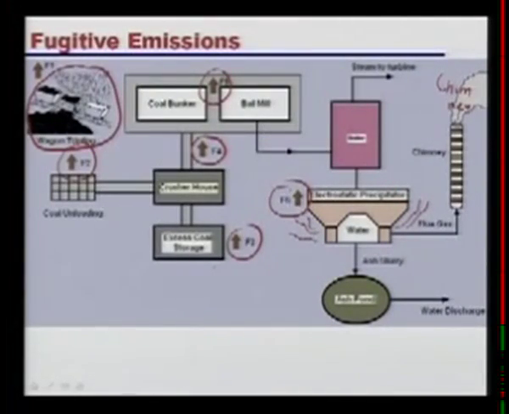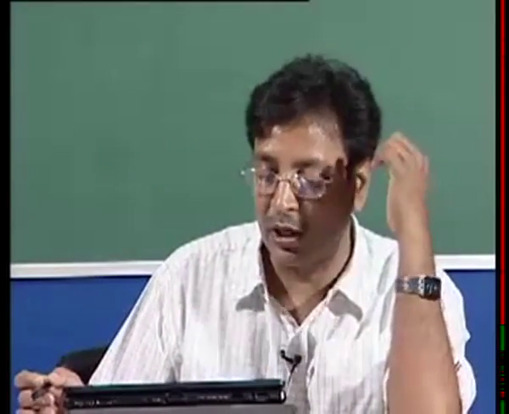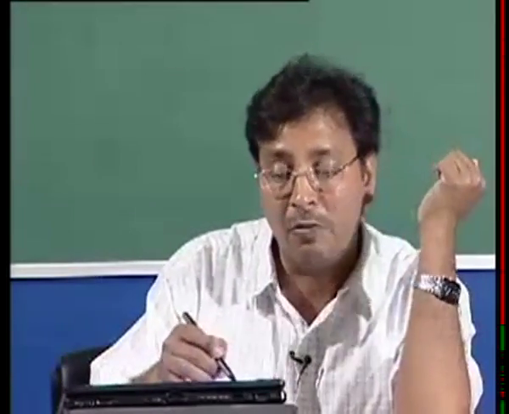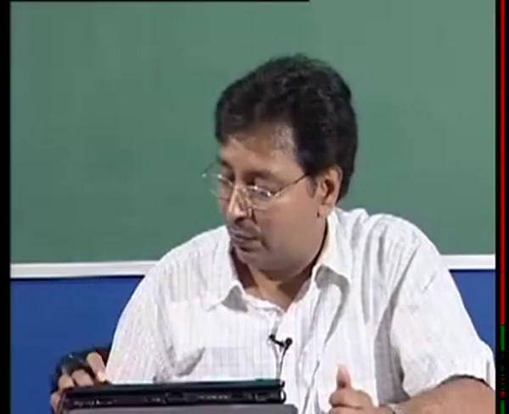We should be sensitive not only to emissions from the chimney, but also to fugitive emissions from the handling of raw material, waste product and product, and from transporting, transferring and storing them. In fact, those emissions can become very large.